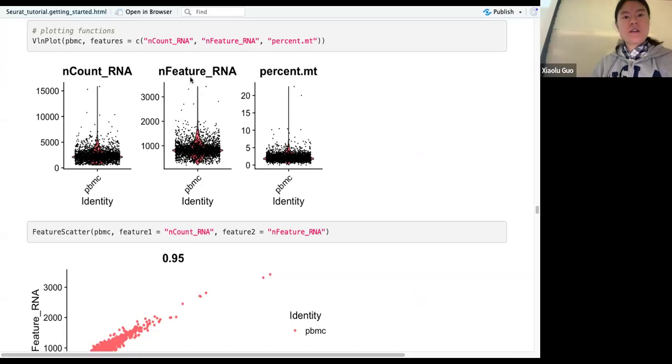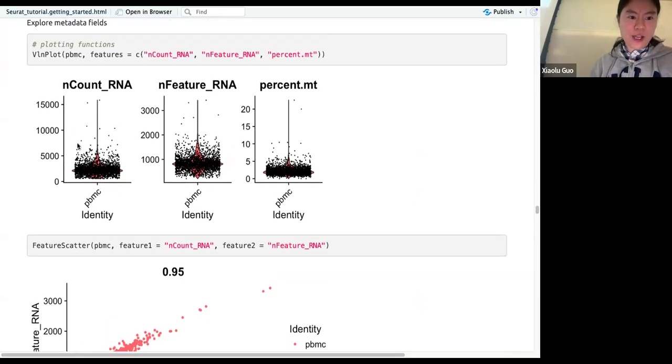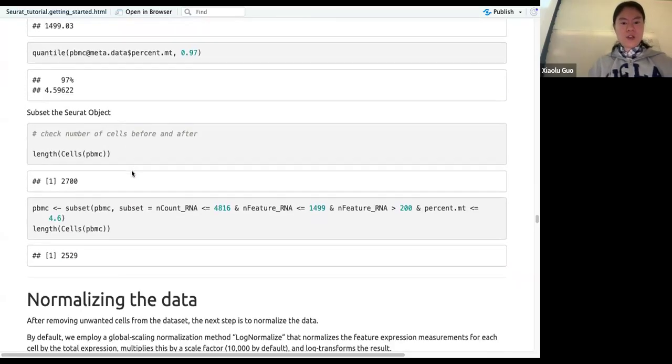And then the feature count, that's the genes expressed in each cell, and also the percentage of mitochondria. And then we use some method to define outliers, for example, using quantile. And then we define outliers. And also we want to exclude those low expressed cells. And also we can see some of the metrics.